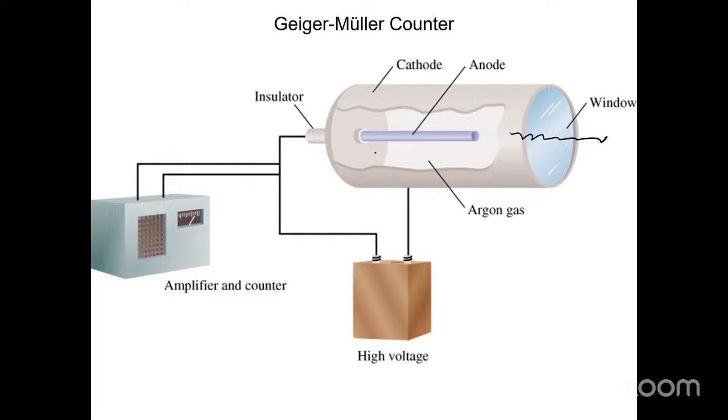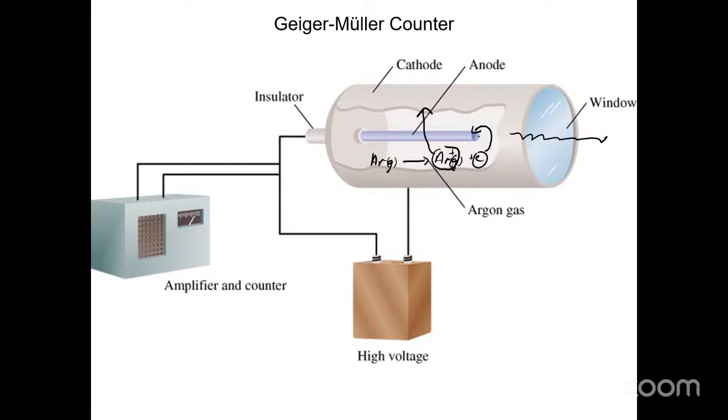The argon gas will absorb some of the energy, which will knock out at least one electron from the argon atom to form the argon ion plus an electron. Then the argon ion will be attracted to the cathode, which is the cylindrical object right here, and the electron will be attracted to the anode, right?